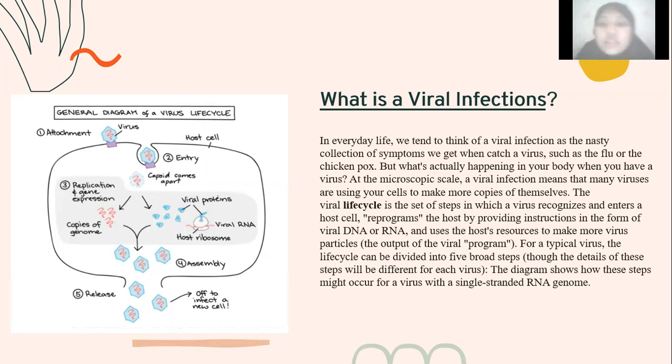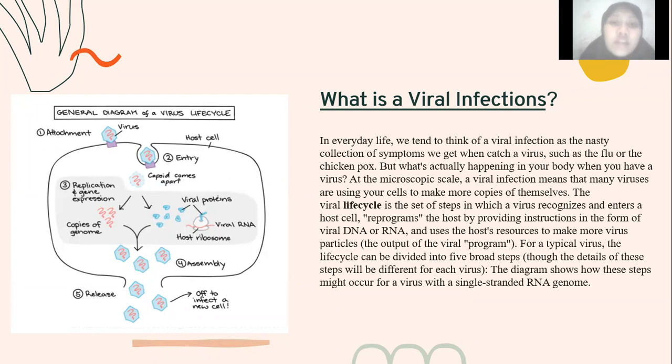At the microscopic scale, a viral infection means that many viruses are using your cells to make more copies of themselves. The viral life cycle is the set of steps in which a virus recognizes and enters a host cell and reprograms the host by providing instructions in the form of viral DNA or RNA, and uses the host's resources to make more virus particles.